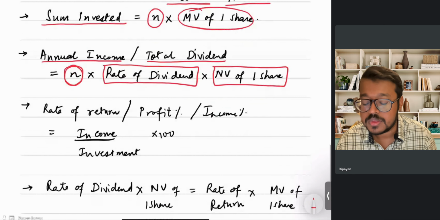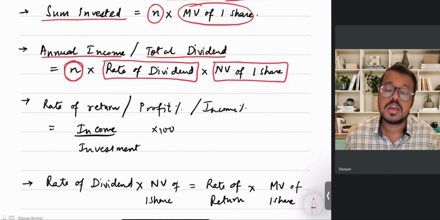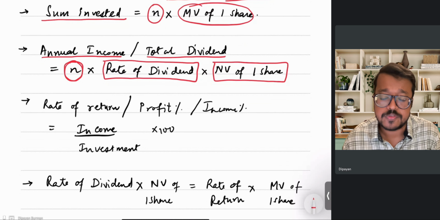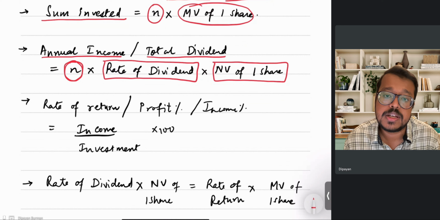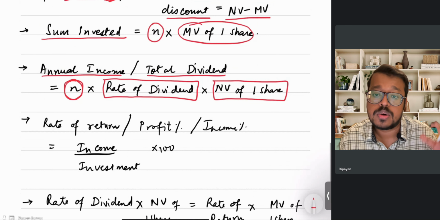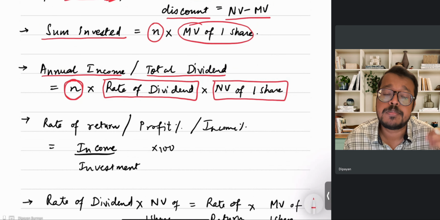Now we can also calculate the rate of return, or the profit percent, or the income percent. Suppose a person is holding some amount of shares. Initially the person would have paid some money, invested some money to buy those shares, and then the person might receive some dividend.